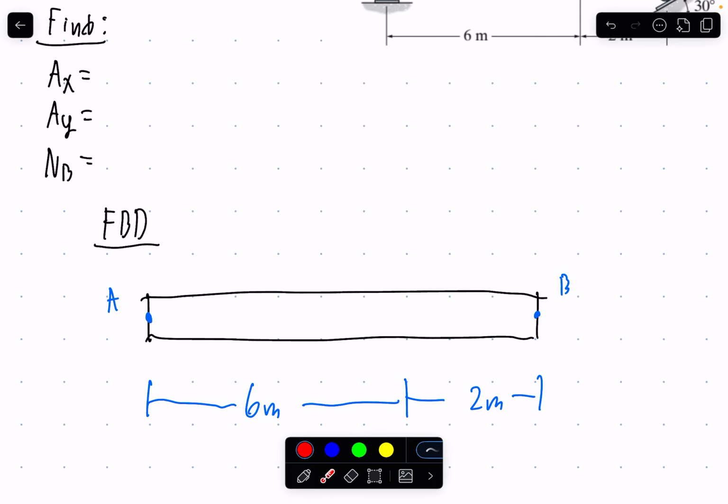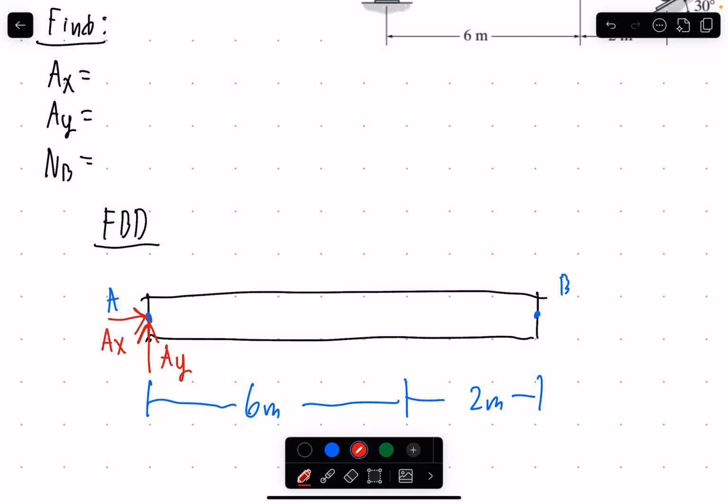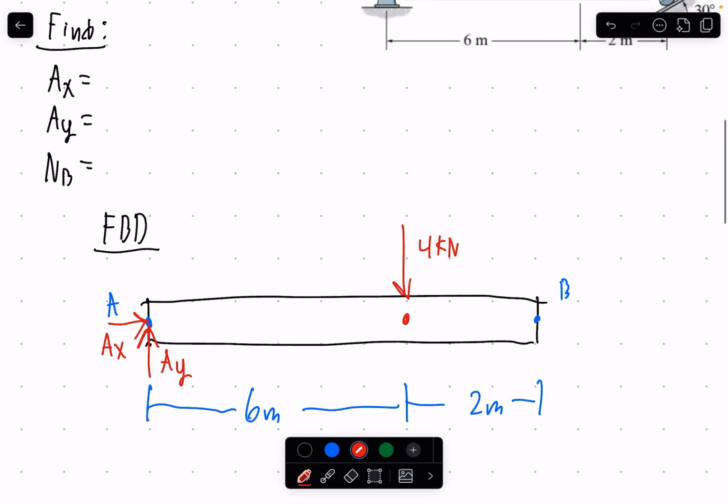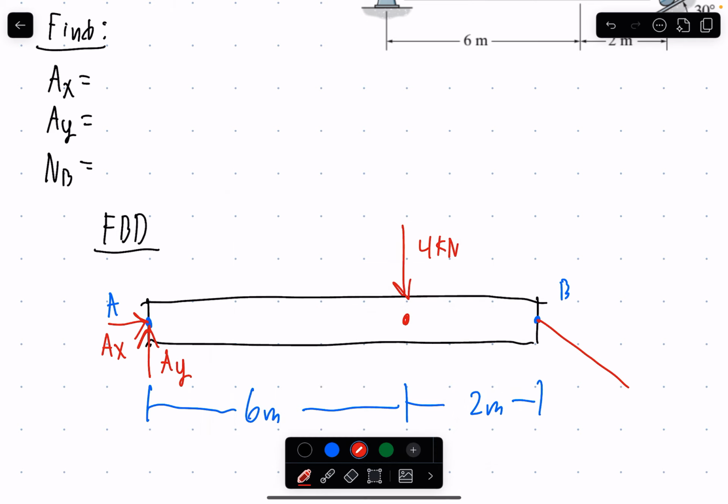So we get a force AY and a force AX acting on the beam here. And going left to right, we have a point load, 4 kilonewtons right here, acting 6 meters from point A, and we have the reaction at B right here as well.